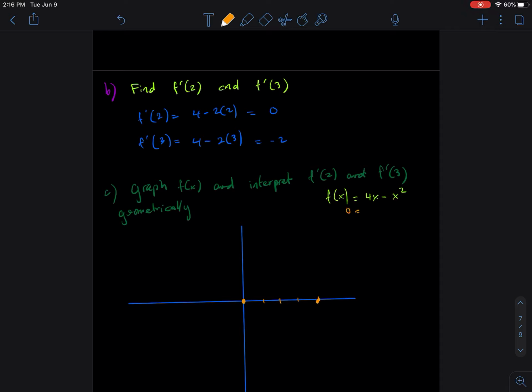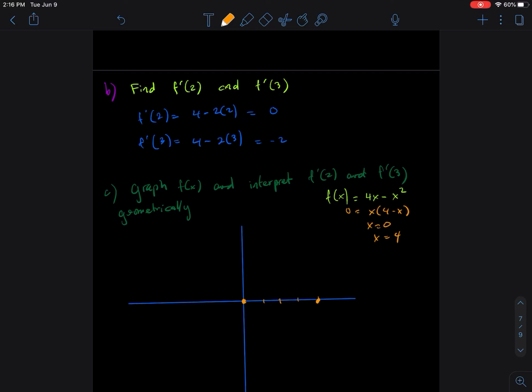That's just setting y equals 0, so we get x times 4 minus x. So those are the x-intercepts. The y-intercept, by plugging 0 for x, is going to be at 0 as well.